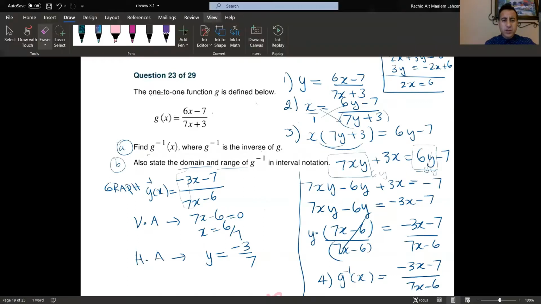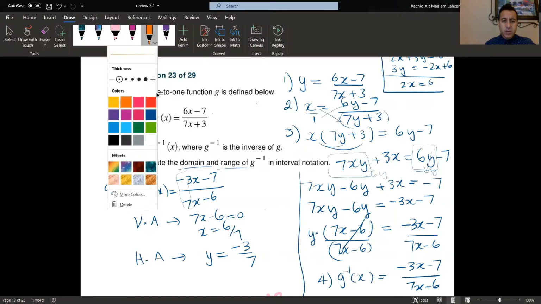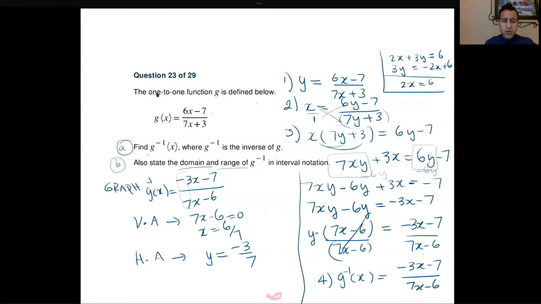If we look at the domain of g, set this denominator to 0, it's negative 3/7 that makes the denominator 0. So you're going to skip negative 3/7 for the domain.